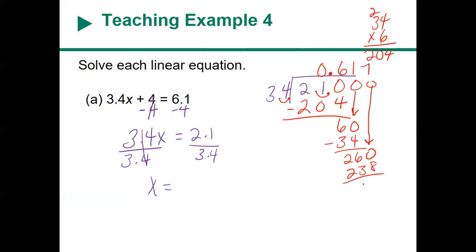And that gives me 22. And then we'll keep going, but we're just going to stop right here. So x is approximately what? 6.17.